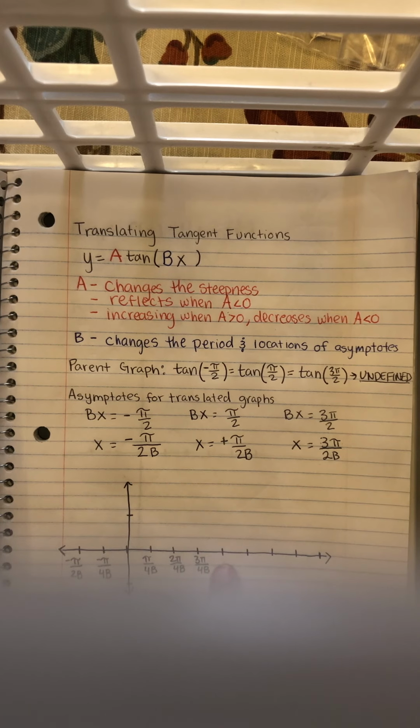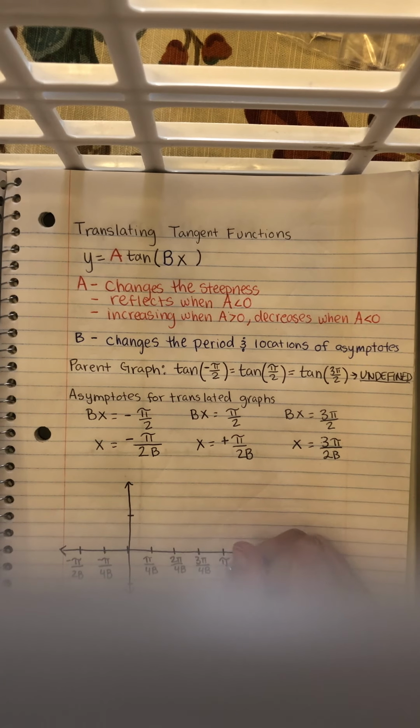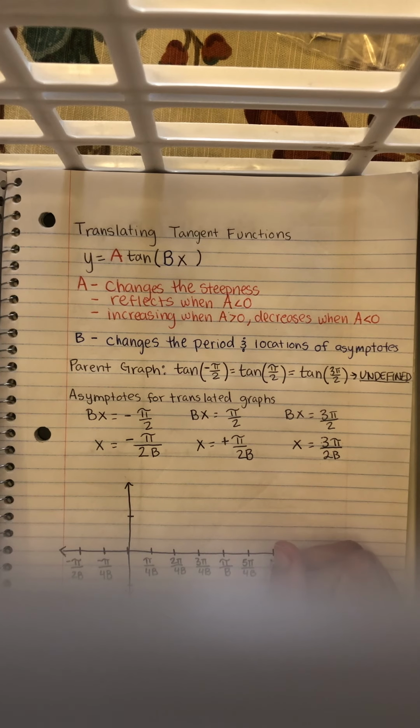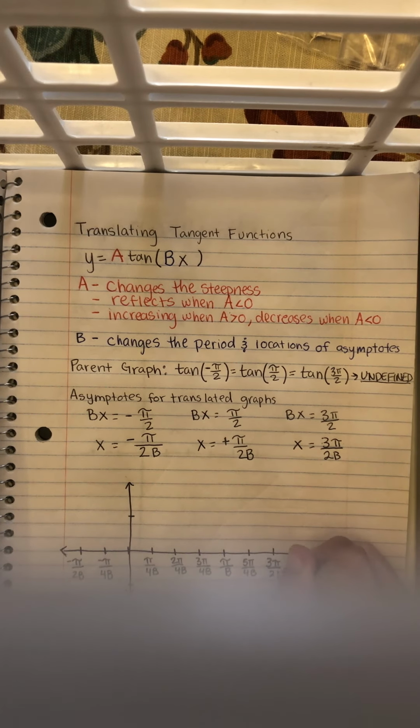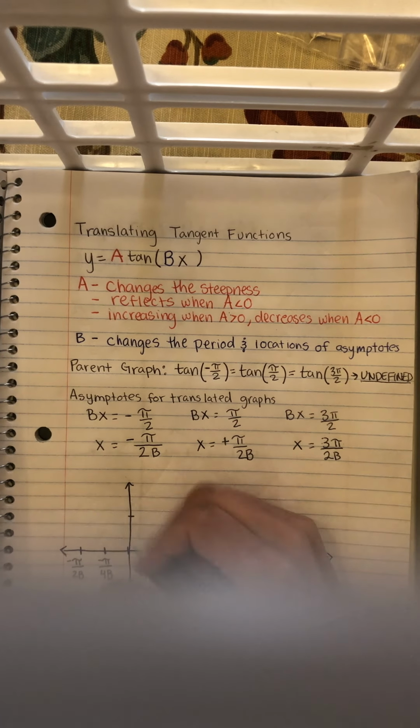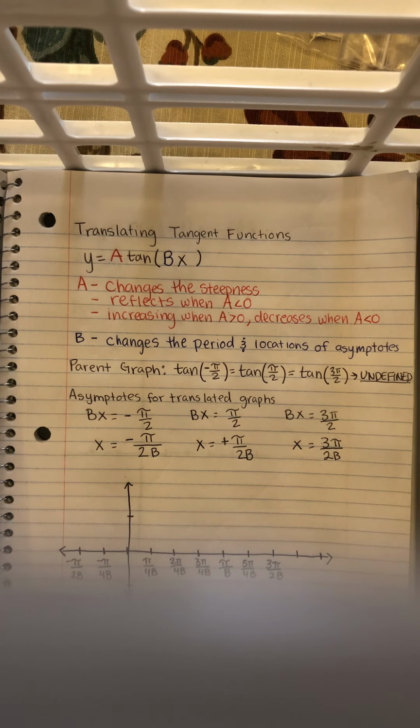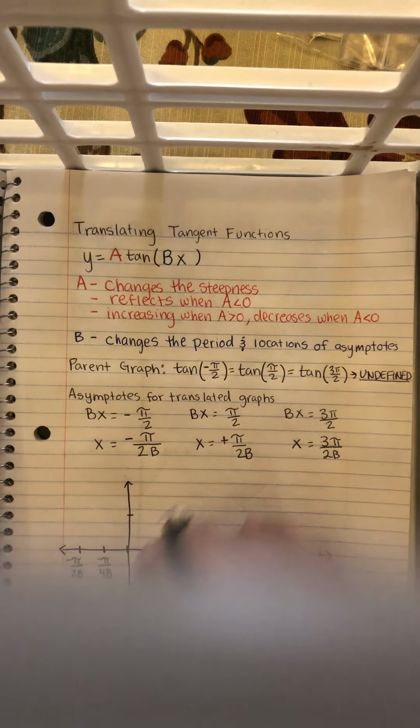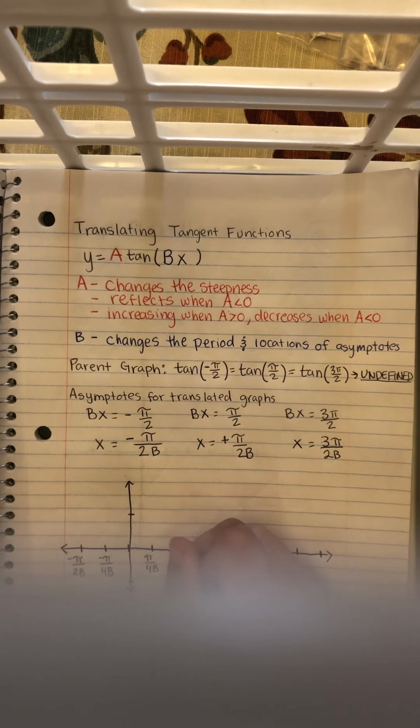Instead of writing 4 pi over 4b, that's just going to be pi over b. 5 pi over 4b. 6 pi over 4b is the same thing as 3 pi over 2b. I'm going to reduce this one that I have left unreduced, and that's going to be pi over 2b.